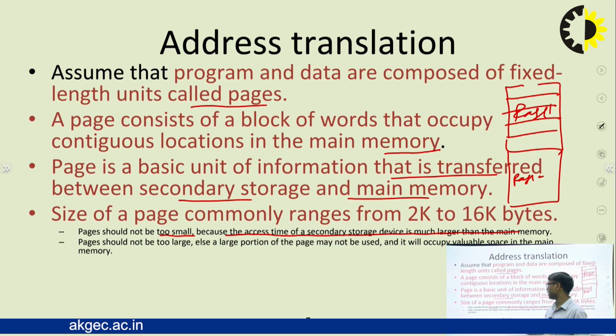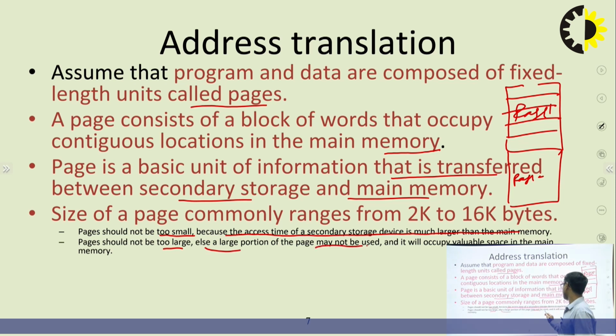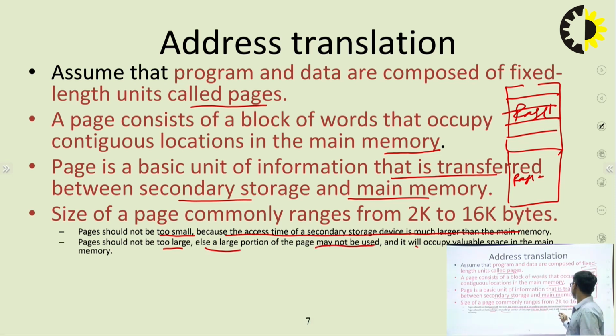Also, if it is too large, there is another problem: the page may not be fully used or may be underutilized. It will occupy valuable space in the main memory. Basically the page space will be given to a particular program, and a portion of the page will be underutilized.